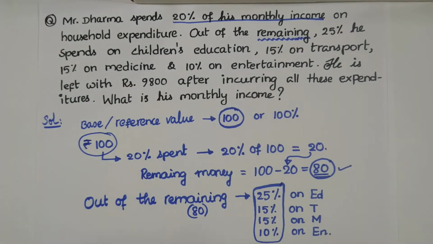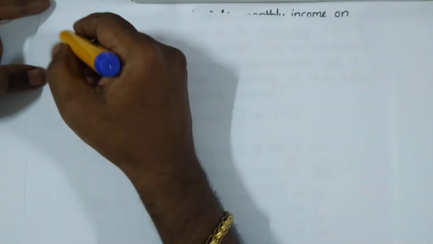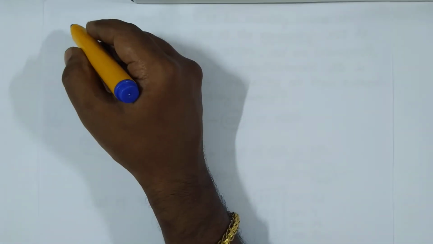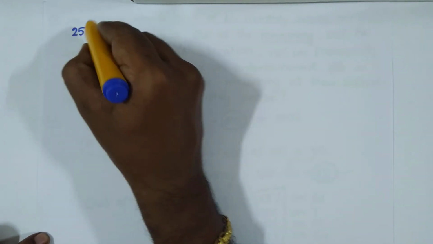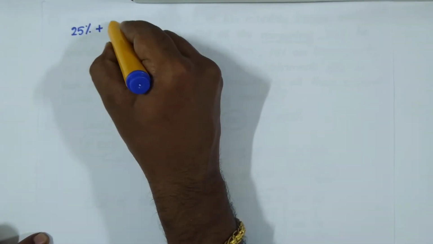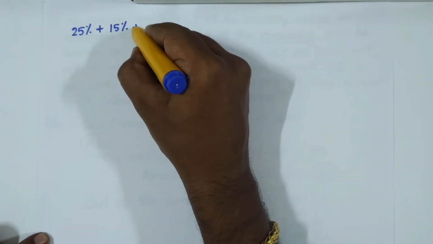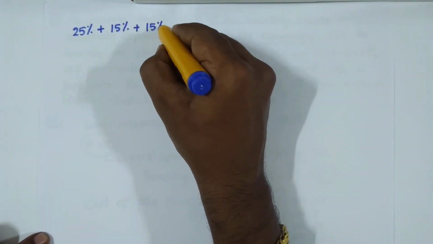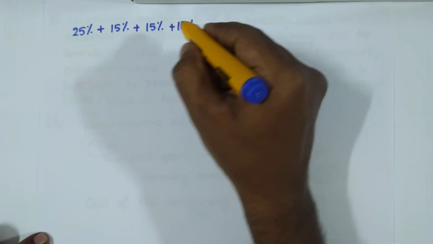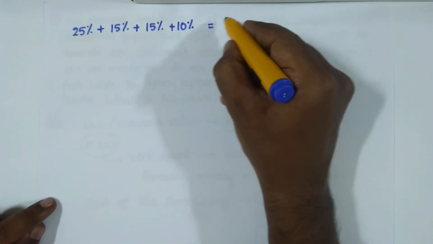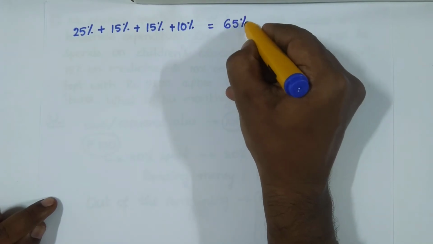If I sum up all these quantities: 25 percentage on education plus 15 percentage on transport plus 15 percentage on medicine plus 10 percentage on entertainment, the total is 65 percentage.